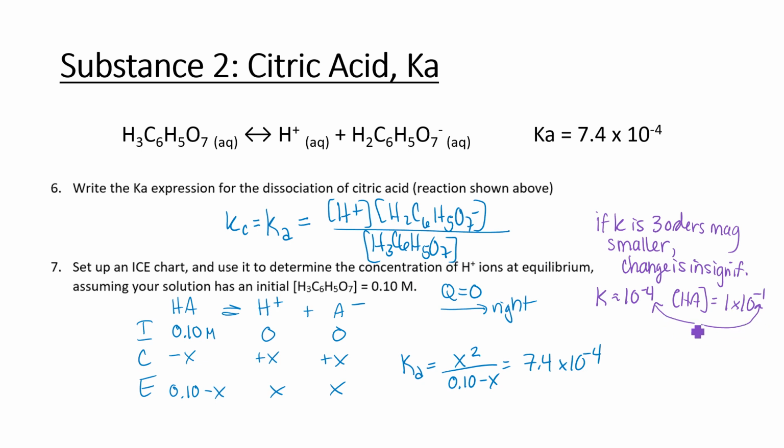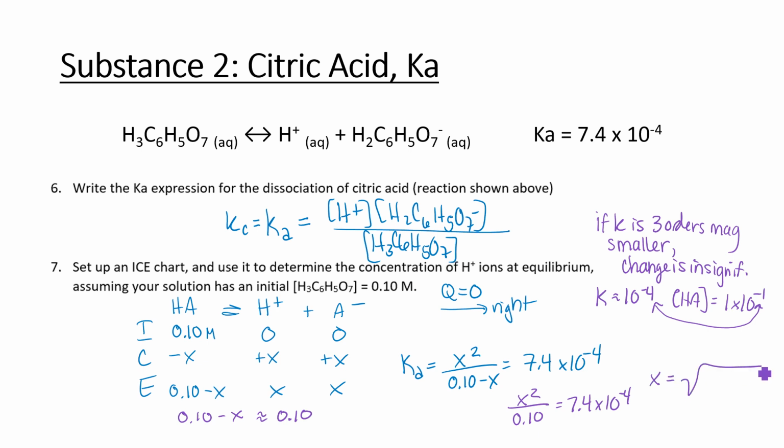Since K is sufficiently small here, we can say that 0.1 minus x is basically just 0.1. Basically, the value of x is so much smaller than 0.1 that we can just ignore that change. That makes this math a lot easier. It becomes x squared divided by 0.1 equals 7.4 times 10 to the negative 4.